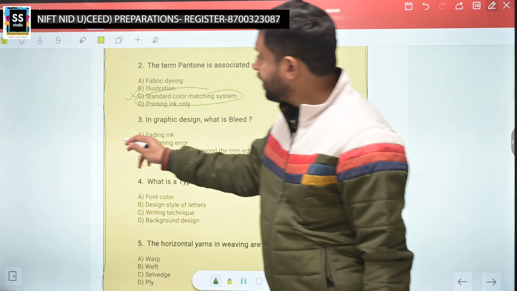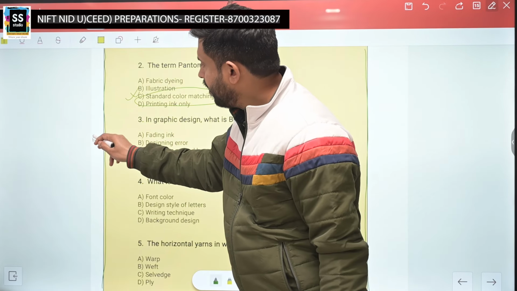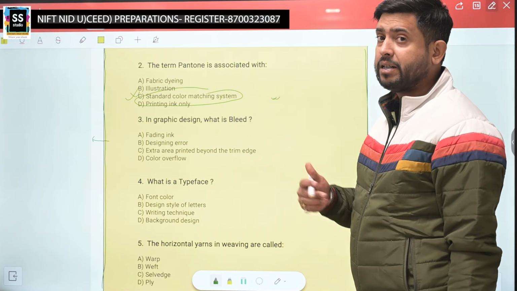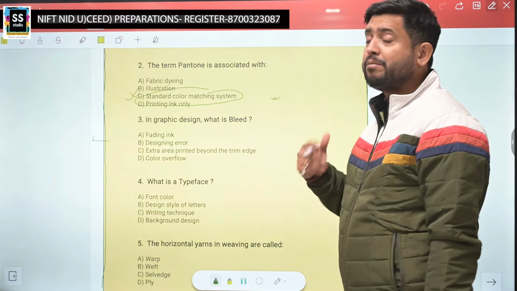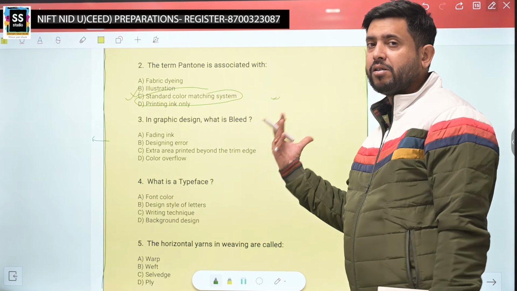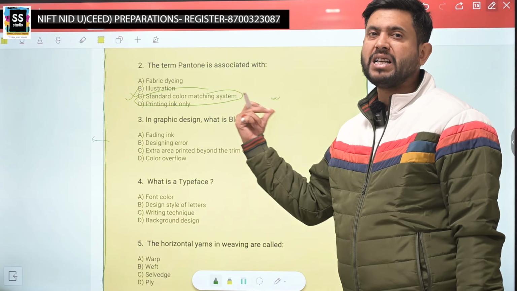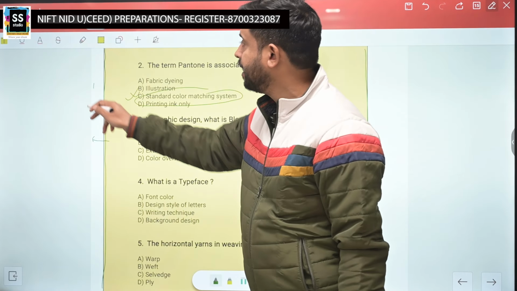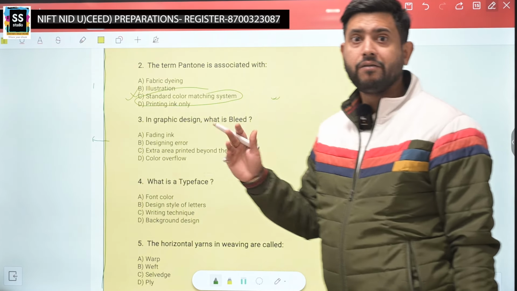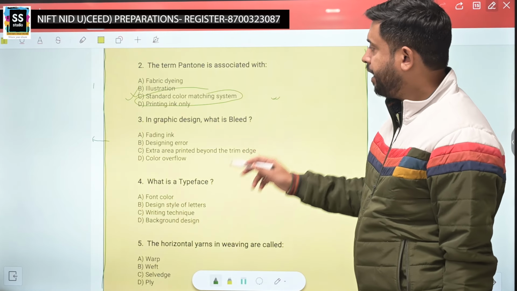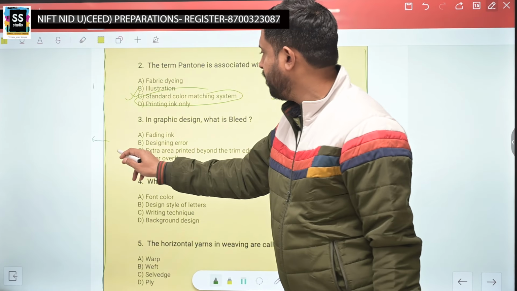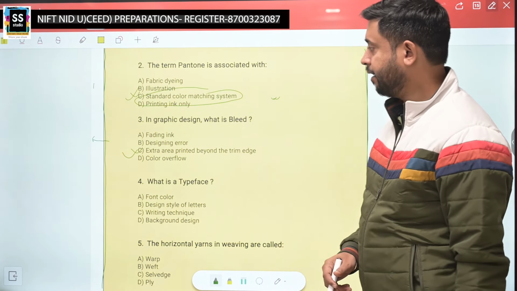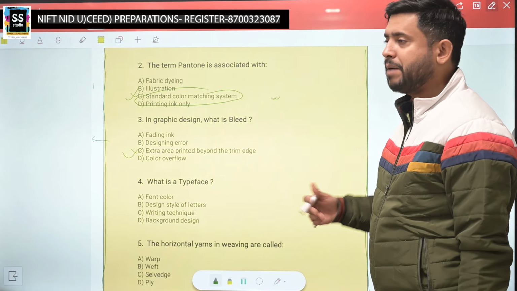Now, if it gets extended to the white border where there is no limit, that's called bleeding. That means we have allowed this particular color to bleed out of this space and cover the entire space, making sure there is no edge visible. That's called bleeding. So here, extra area printed beyond the trim edge, that's the correct answer.